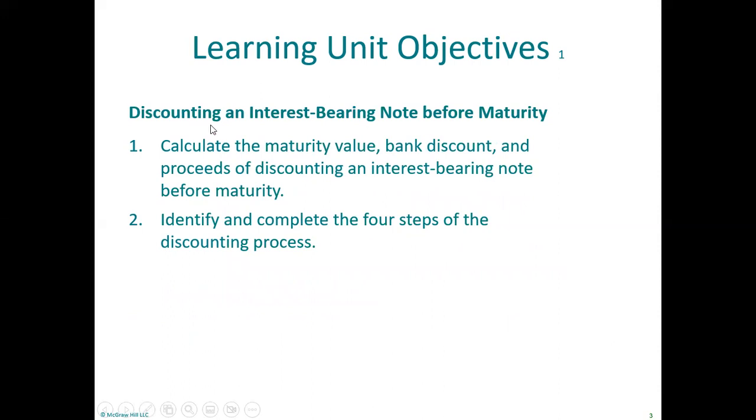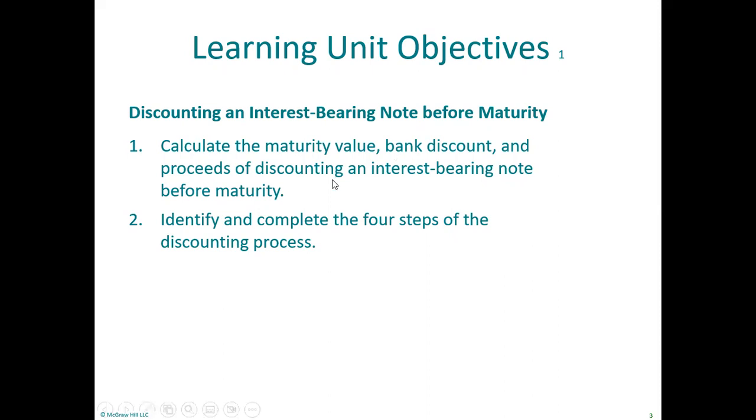And next is discounting an interest-bearing note before maturity. Discounting an interest-bearing note before maturity means you're going to sell that note before it matures. So there have to be some computations about that.